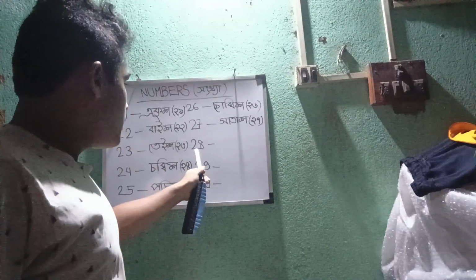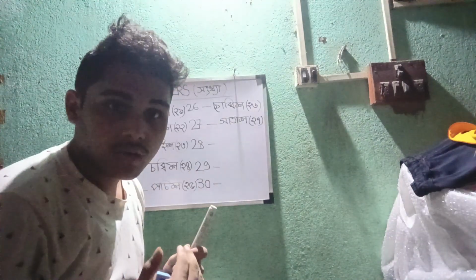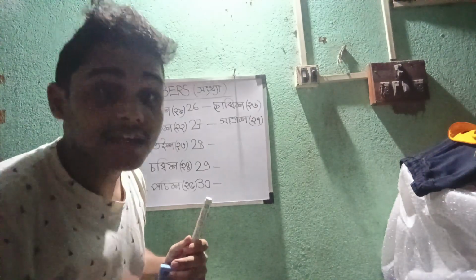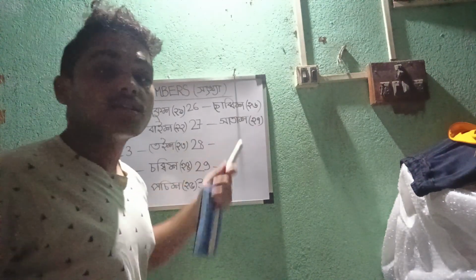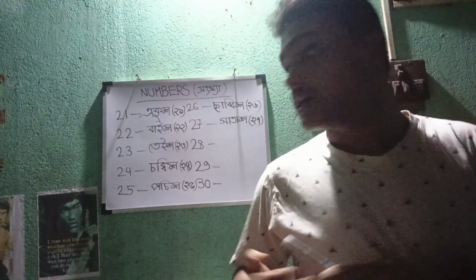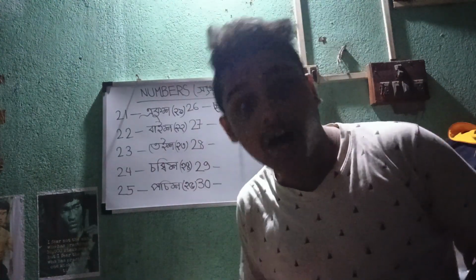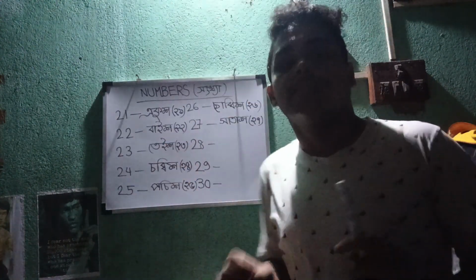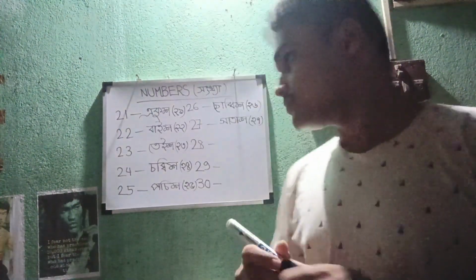For 28 we say atash. 27 means shatash, 28 means atash.